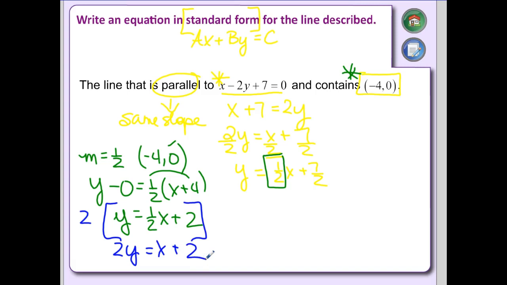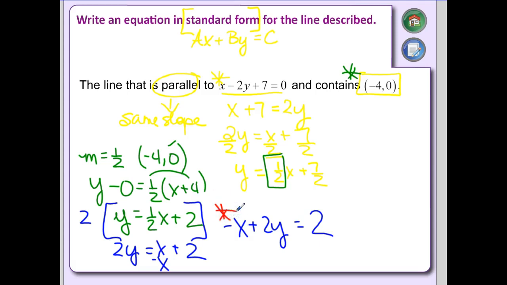All right, and now let's go ahead and put this in standard form. Now, guys, we're going to have to subtract x to the other side. So we've got negative x plus 2y equals 2. Now, one thing that I haven't really mentioned that I should have is we try to keep A positive.